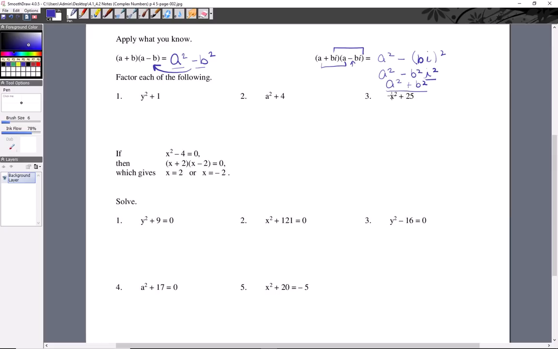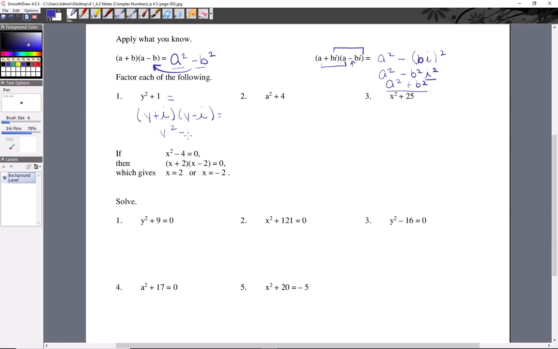So looking at this, it says factor each of these. This is just going to be y plus i times y minus i. And if you remultiply that, y times y is y squared. And don't do the inside and the outside, it just goes to 0 anyway.